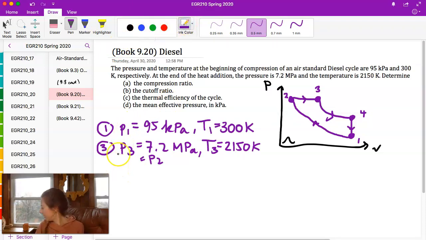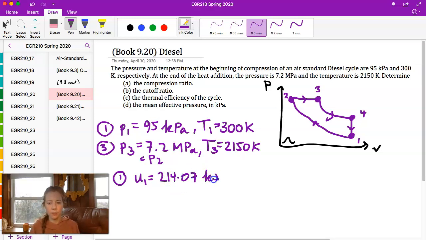So I'm just going to keep writing info for state 1 down here. At 300 Kelvin and 95 kilopascals, we can go to table A-22, as we were using in the last problem, and we can get u1 is 214.07 kilojoules per kilogram.